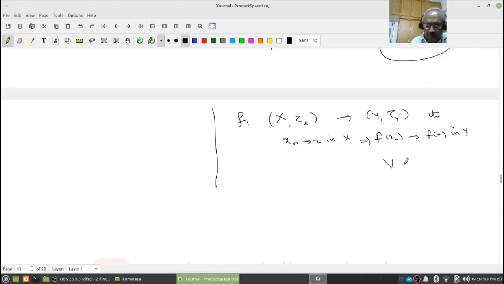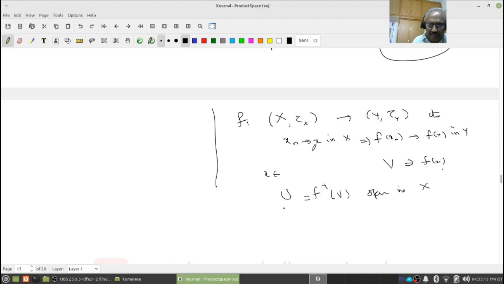Give me an open set V containing f(x). Since f is continuous, let us look at f inverse of V. Call it U. This is open in X. And does x belong to U? Yes. Because x belongs to U if and only if x belongs to f inverse V. That happens if and only if f of x belongs to V. Right? Therefore x belongs to this.